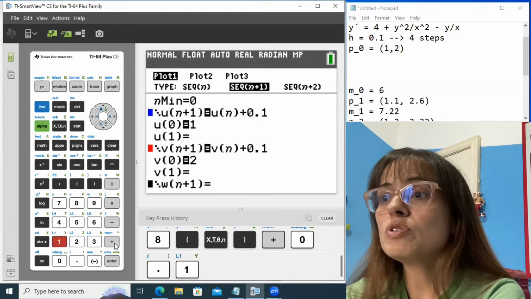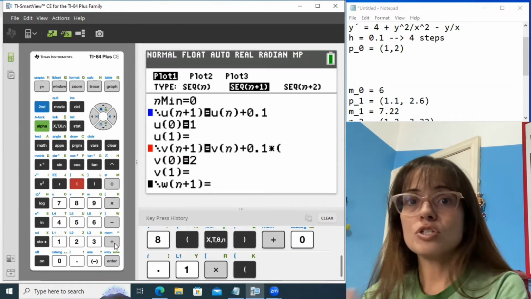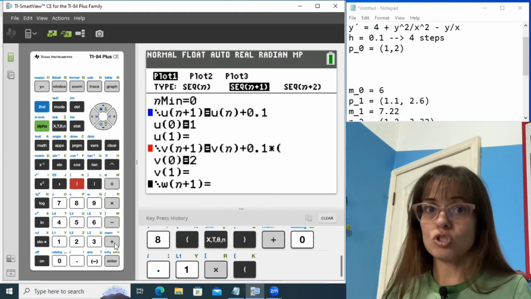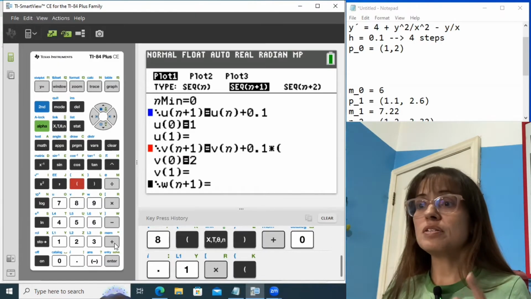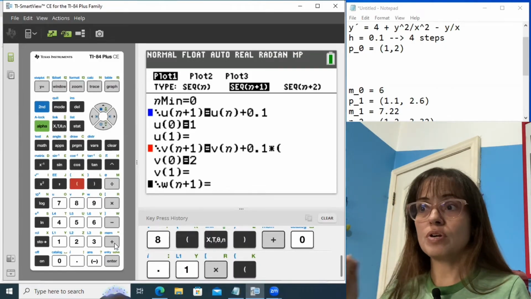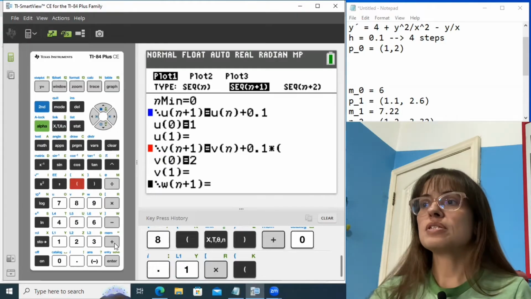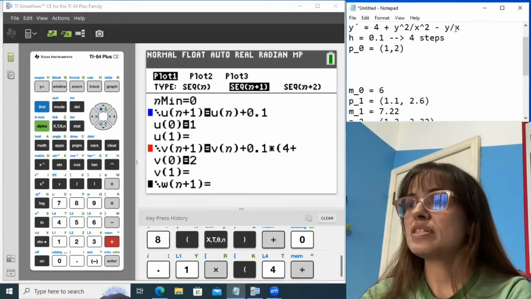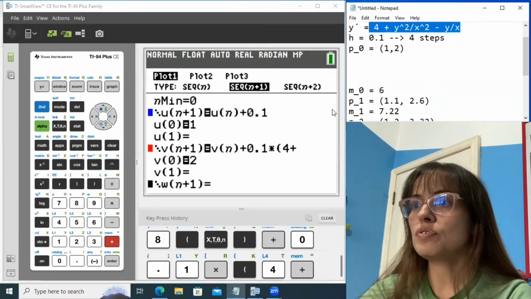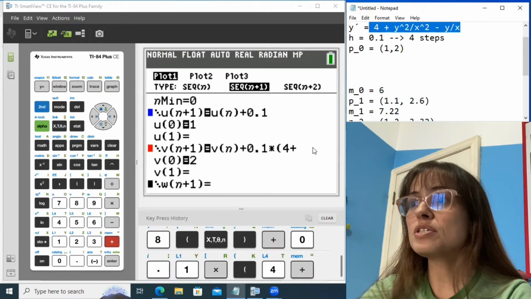And then we need to multiply that by the slope. And now the slope depends on the point. It's not always the same, but it depends on the slope in a very specific way, which is the differential equation, which is 4 plus, well, it's that sentence that I've been copying from at the top of the screen over there, right? So 4 plus y squared.